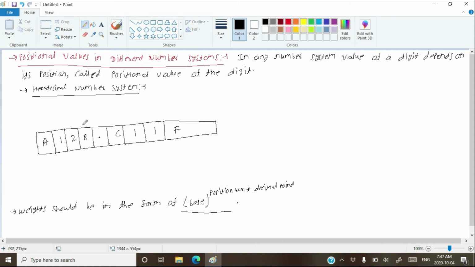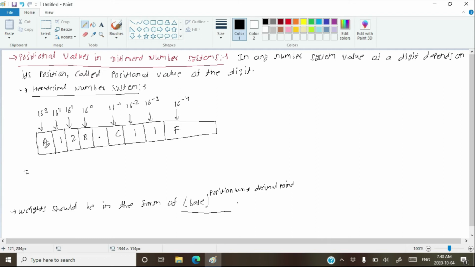You will assign them like 16 to the power 0, base to the power position with respect to the decimal point. So 16 to the power 0, 16 to the power 1, 16 to the power 2, 16 to the power 3. Then after that you have 16 to the power minus 1, 16 to the power minus 2, 16 to the power minus 3, and at last 16 to the power minus 4.